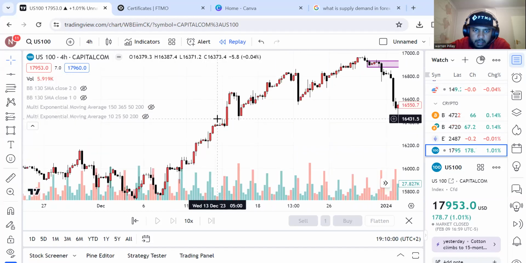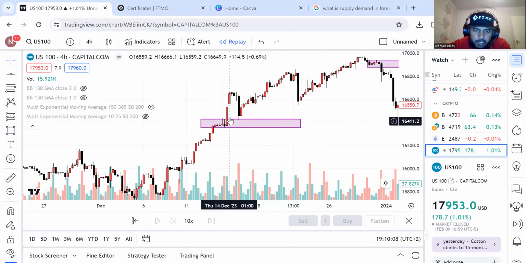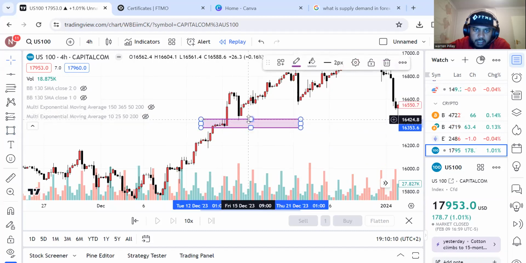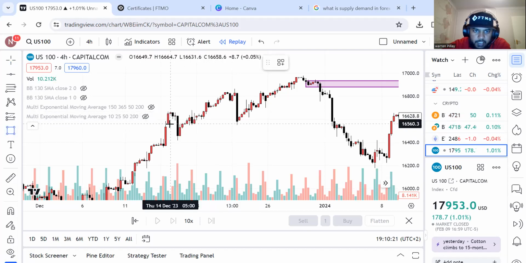This candle here, we did see this big candle followed by this demand level, came and touched into it. Then the candle here, there was no really bullish candle, but this candle here was basically the biggest candle.